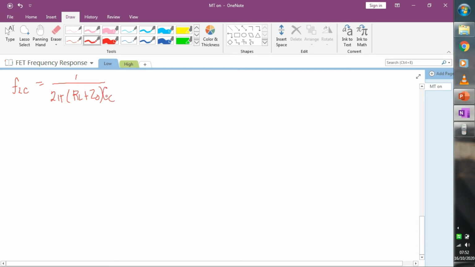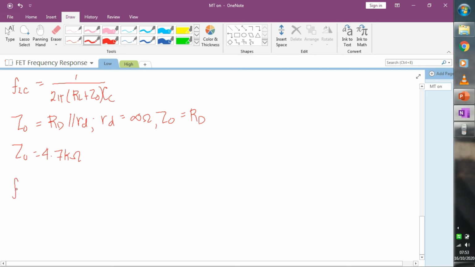In our case, your ZO is equal to the parallel combination of your drain resistance and AC drain resistance. Again, when the AC drain resistance is equal to infinity ohms, we just ignore it, and so your ZO will just be equal to RD. In our case, your AC drain resistance is equal to infinity ohms. So our ZO here is equal to 4.7 kilo ohms.